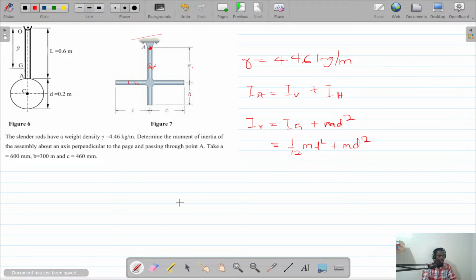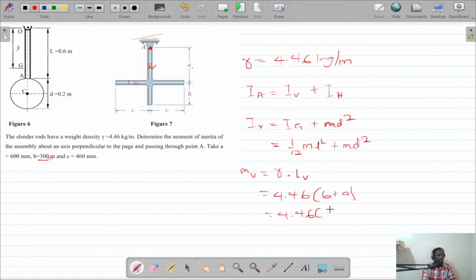First, the mass of the vertical rod will be equal to the linear density, gamma, multiplied by the length of the vertical rod, which is 4.46 multiplied by the total length, B plus A. B is 300, and I'm sure this is supposed to be millimeters, not meters. So A is 600 millimeters, B is 300 millimeters.